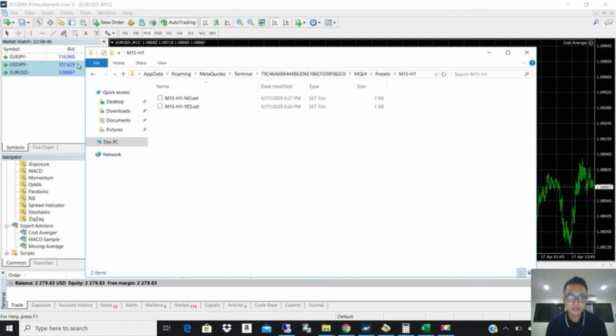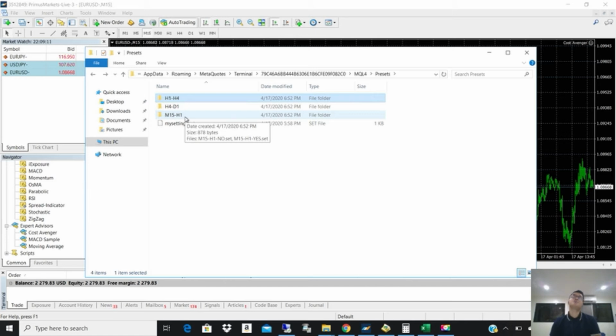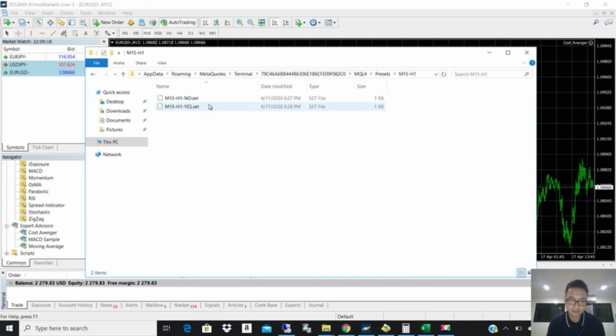So personally I'm using H1H4, but if you want the robot to trade much faster, use M15H1. If you're using H1H4, it could trade much faster also if you load the no. It will really trade slow if you load the yes. But if you want a more precise entry at the lower time frame, you could choose M15 yes.